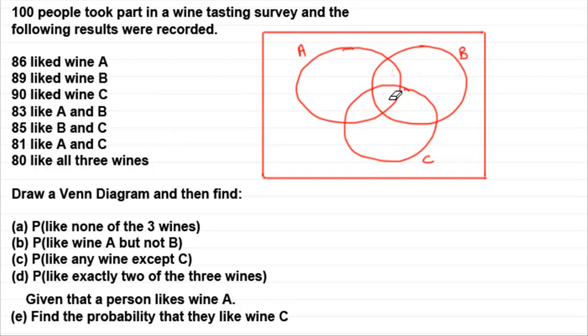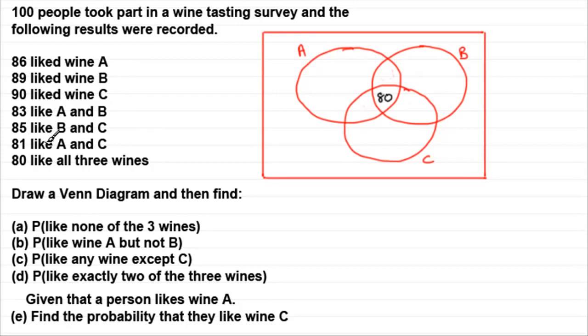So, in this particular problem, what we need to do is just stick 80 then in the middle there. Okay, so we've now got 80 like all three wines, and what we normally do is start to work backwards up through the list.